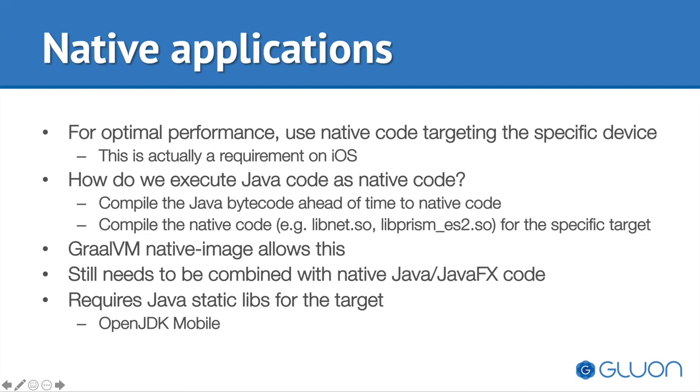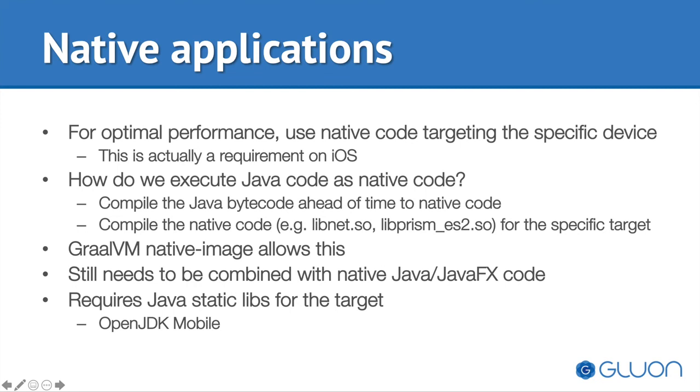But this requires that we can create native applications using Java. It's actually a requirement for iOS. On iOS, it's not allowed to have a JVM compiling code on the fly, for example. So in Java, we need to somehow go from Java bytecode to native code.